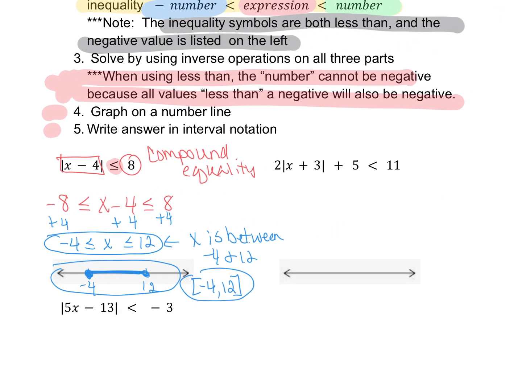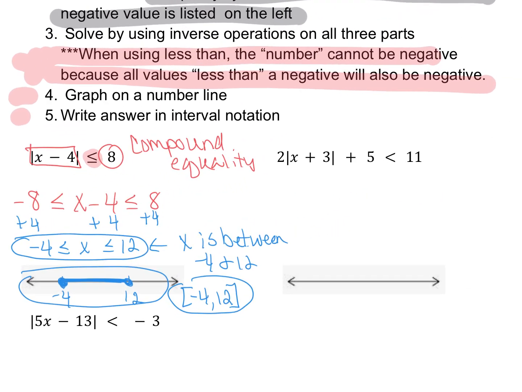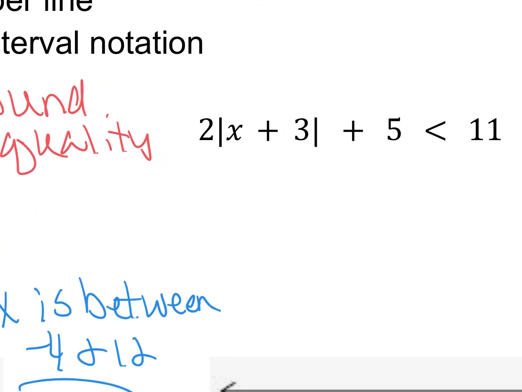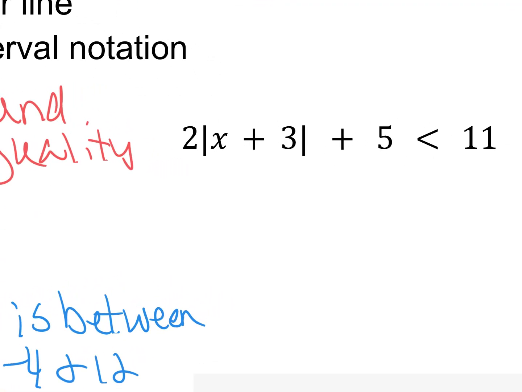Okay, let's look at another one. This one is a little bit trickier because we do have to get that x plus 3 by itself first, which means we're going to need to subtract 5 from both sides. And notice a less than. Less than means compound inequality.